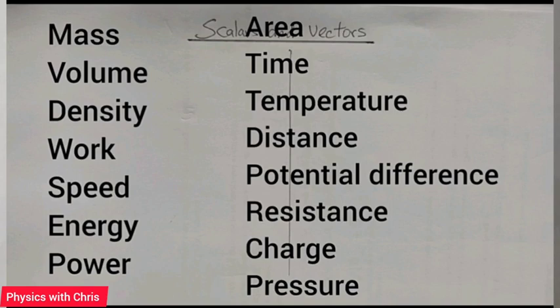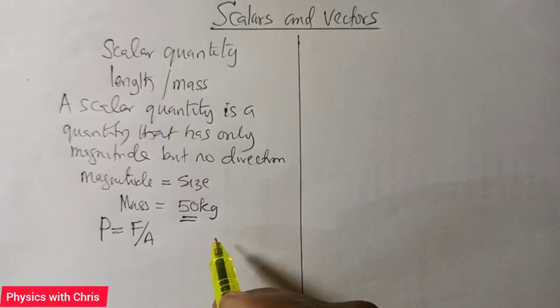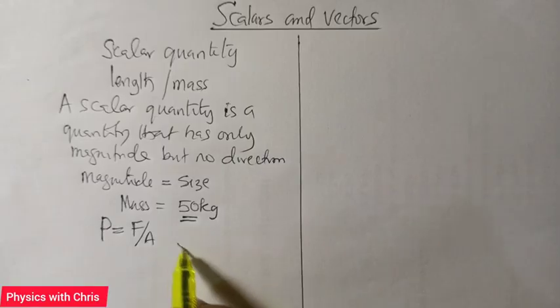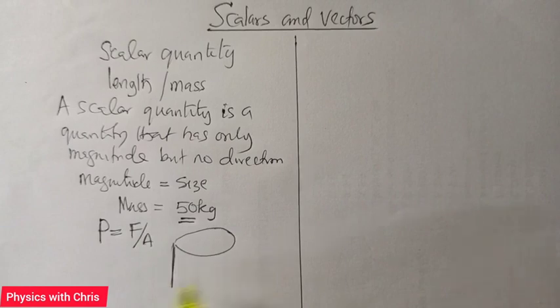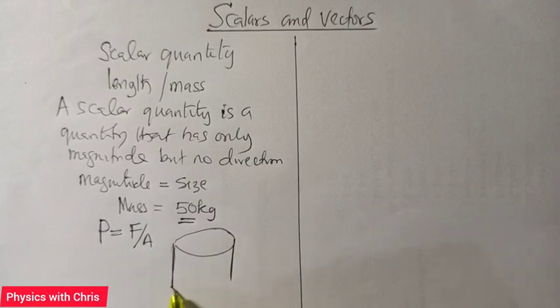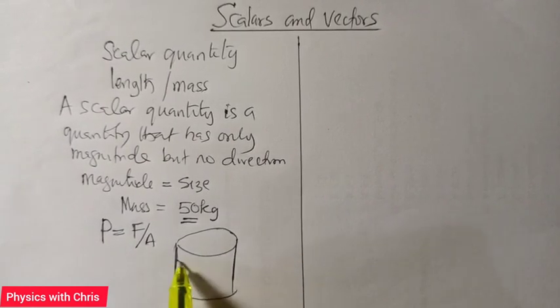They are all scalar quantities. How about potential difference? A scalar quantity. Resistance, charge, pressure, and current. What is pressure? A scalar quantity. Pressure is defined as the ratio of force to the area of the surface on which the force is acting. Now, in a liquid, pressure acts in different directions, and it acts equally in all directions.